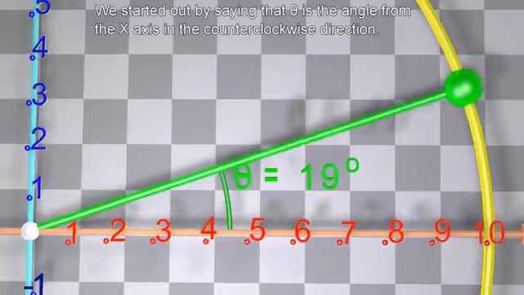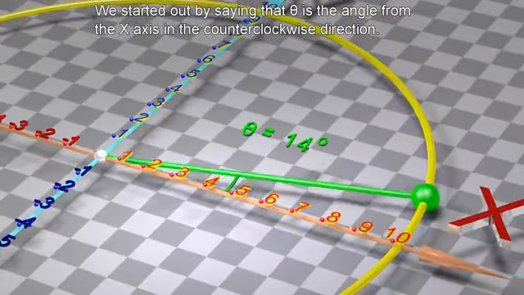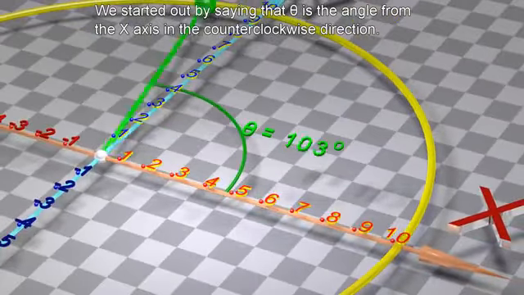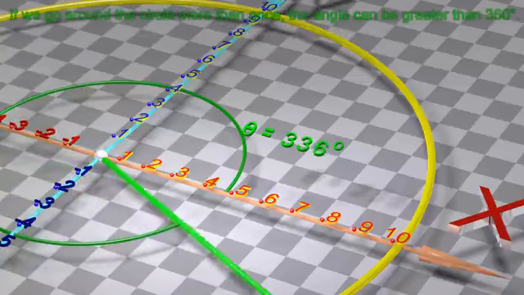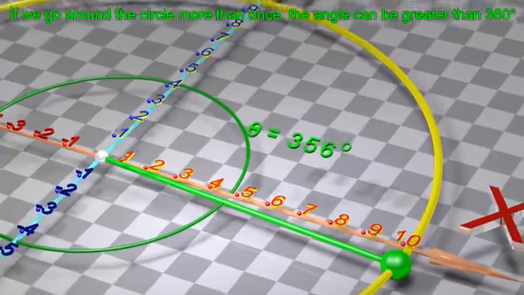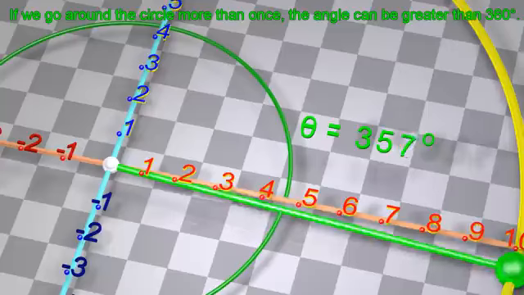We started out by saying that theta is the angle from the x-axis in the counterclockwise direction. If we go around the circle more than once, the angle can be greater than 360 degrees.